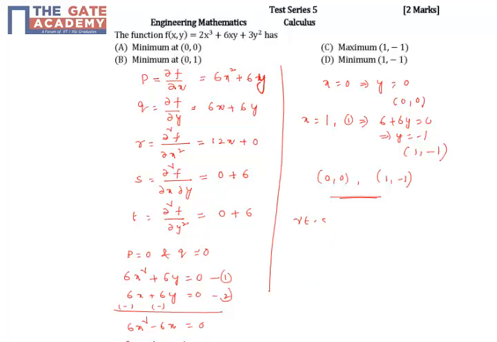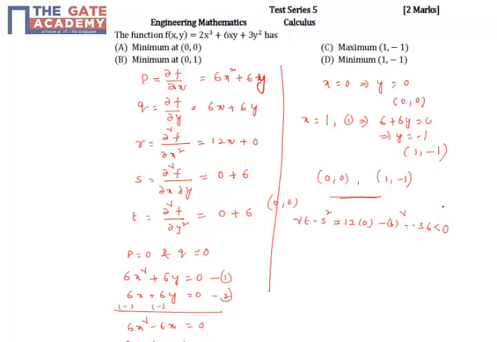R is 12x, so 12 into 0, since I am calculating at 0 comma 0, minus S value which is anyway 6, so 6 square. So this is minus 36, which is less than 0.